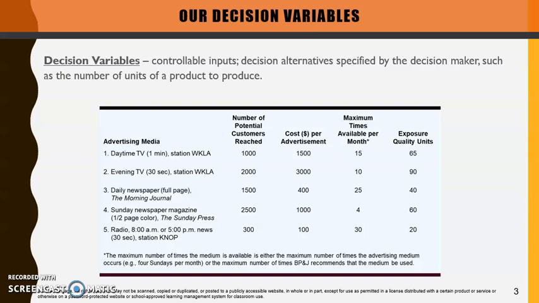So now, what do you think those decision variables are, especially since I asked you to spend a good amount of time on the modeling before you start this video?